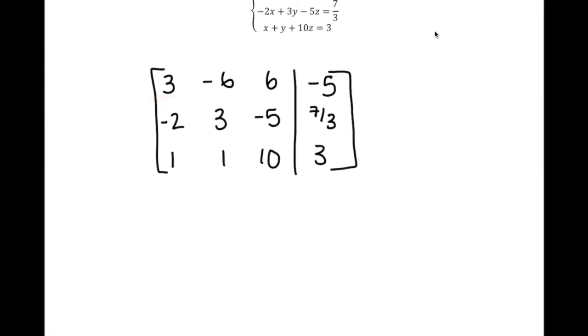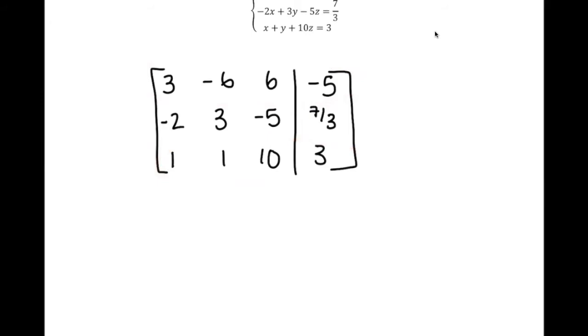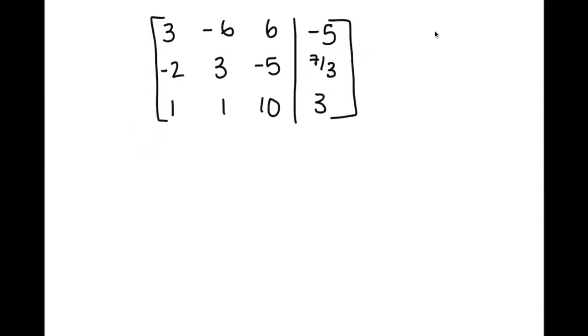I can do that by multiplying this whole row by 1/3, or I can notice that row 3 already has a 1 in the first column. So why don't I just switch the spot of these two, and then I will have my 1 where I want it to be. So we can go ahead and switch the spots of row 1 with row 3.